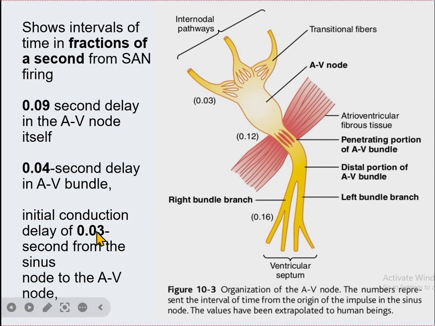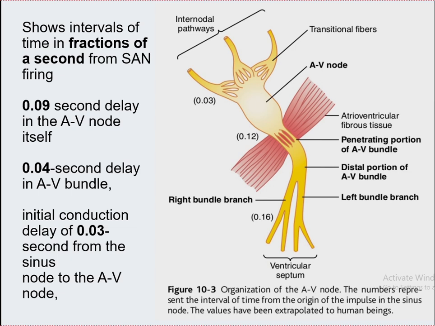And if you also add the initial delay from the sinoatrial node to the AV node, which is around 0.03, the total time from the impulse being fired to reaching the ventricles will be 0.16 seconds. That means that from the firing of the impulse to the depolarization of the ventricles, we expect at least 0.16 seconds.